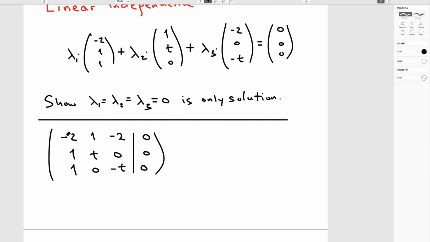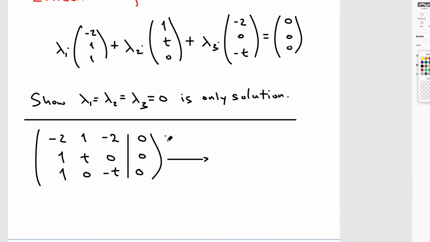Okay. So first of all, this -2 is annoying, and I could divide by -2, but what I'd rather do is just swap between the first and second row. So let's swap between R1 and R2. That's the first thing we'll do.